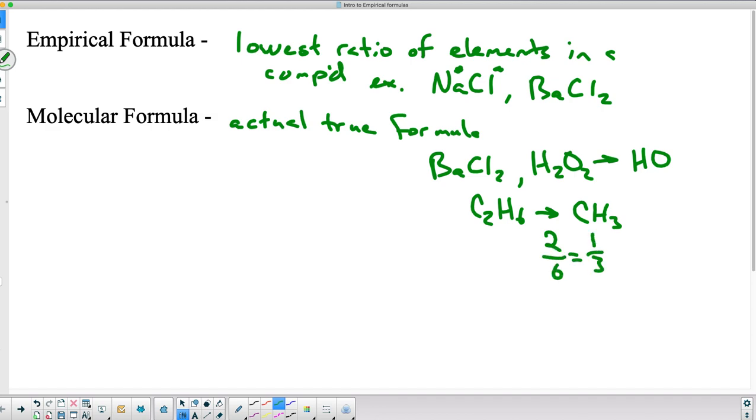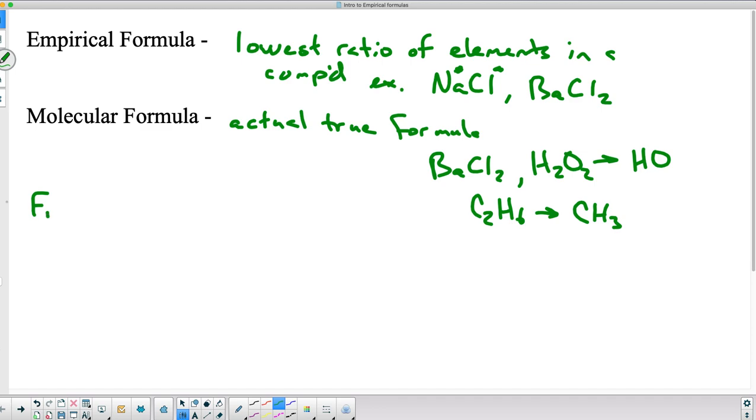So I always think of formulas similar to fractions because they kind of work the same way. So now that we have a very basic understanding of the difference between an empirical formula and a molecular formula, let's talk about how we get an empirical formula. And in an example, I'll show you how to find the molecular formula also, which is just one step further. So for an empirical formula, we have 3 steps.